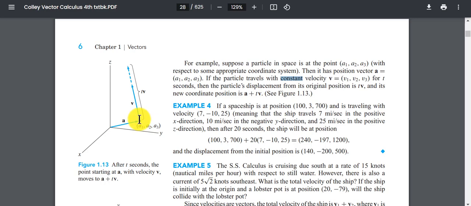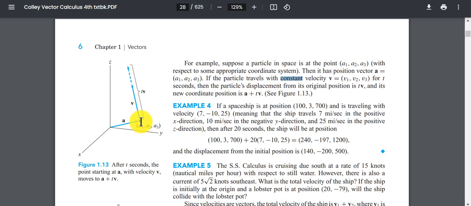So this perfectly fits the use of vectors, because this is why people developed the concept of a vector, for this kind of scenario. So of course it's going to fit very nicely. We can say that at first the particle is here, and then it's moving.